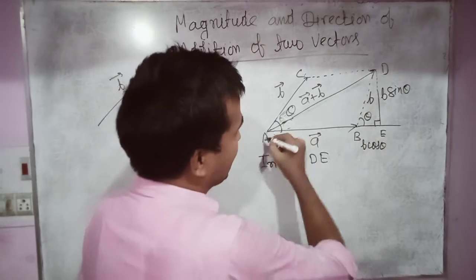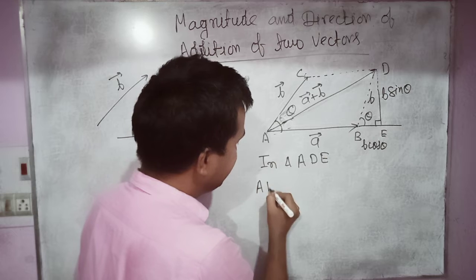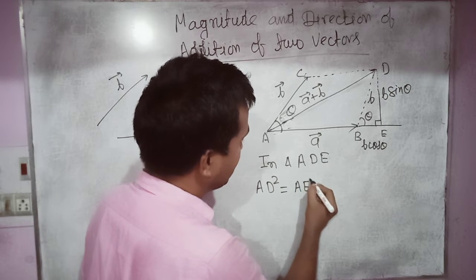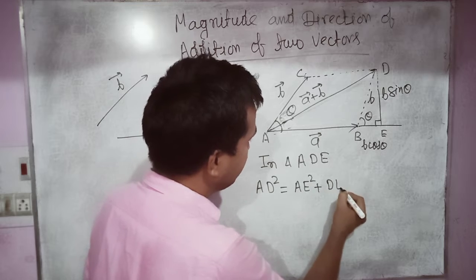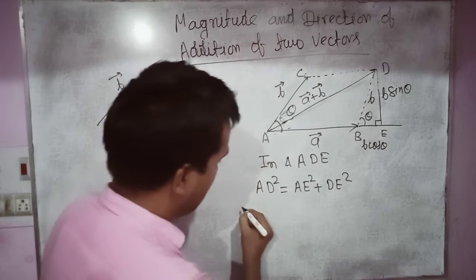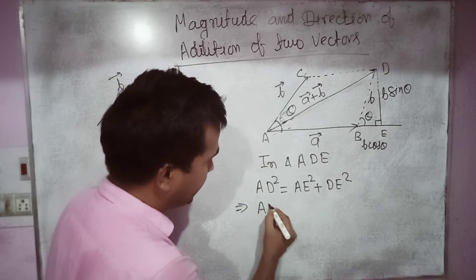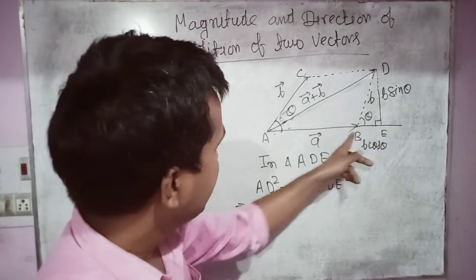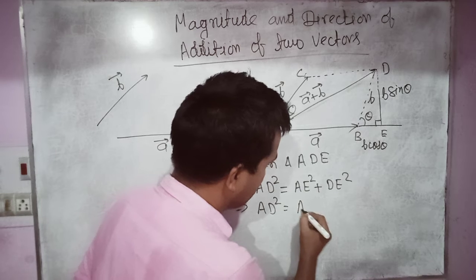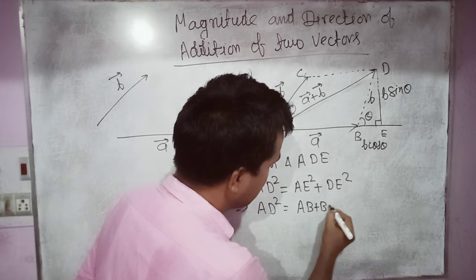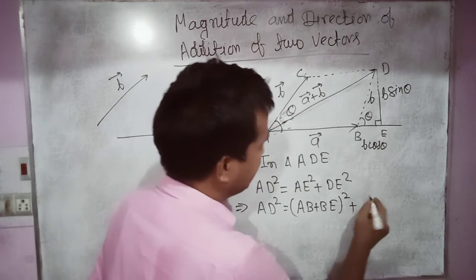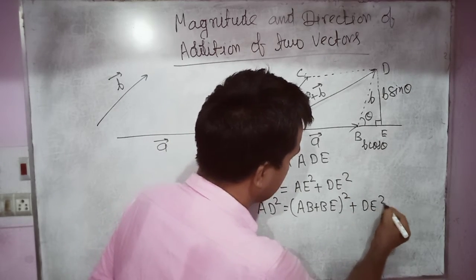From Pythagoras theorem, AD square is equal to AE square plus DE square. AE can be written as AB plus BE, so AD square is equal to (AB plus BE) whole square plus DE square.